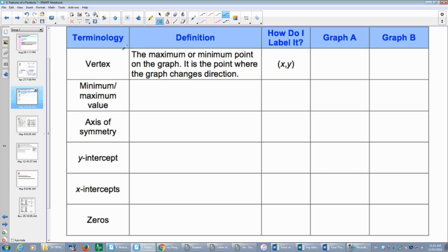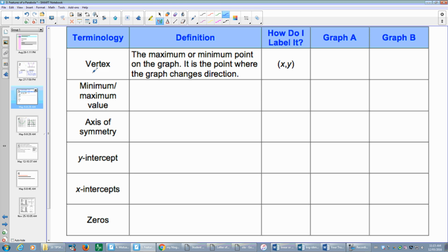So here I have the vertex. This is a new word. The definition of the vertex is the maximum or minimum point on the graph. It's the point where the graph changes directions.